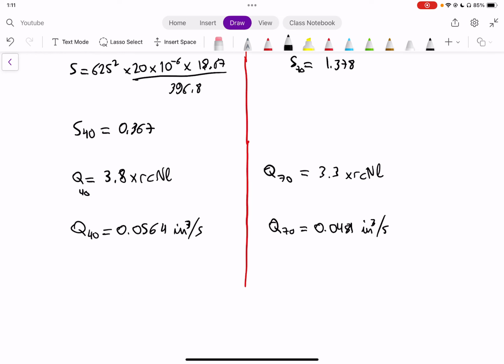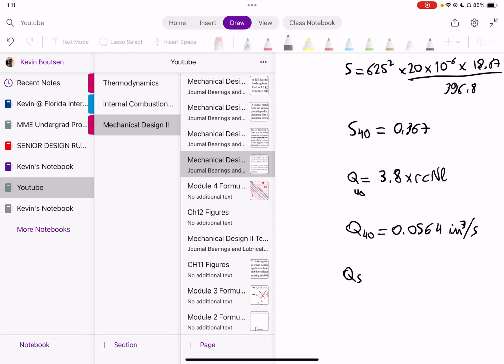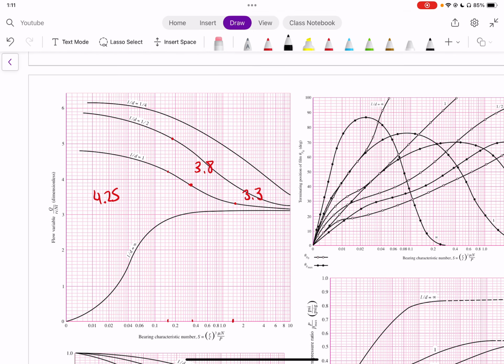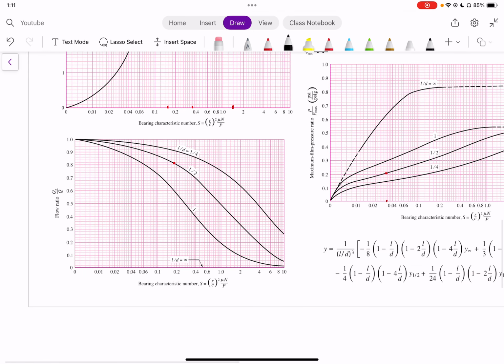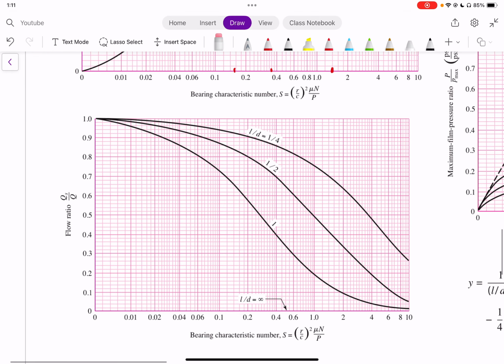Okay, now moving forward, I can find my QS based on my Q. I can find my QS over Q term from the chart, for 0.367 as well as 1.378.